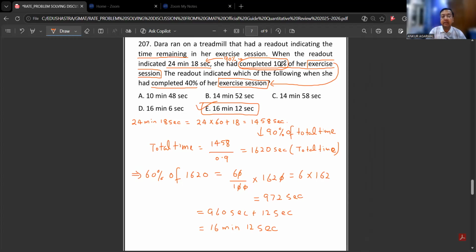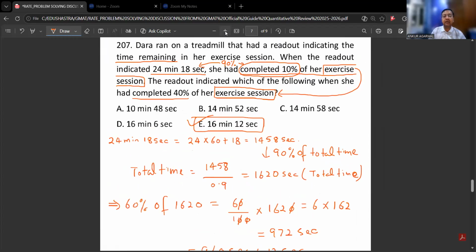The other catch point in this question is the exercise session, that is, the base is constant for all the percentage values, first the 10% and second the 40%. I suppose you have a good understanding of this question as well.